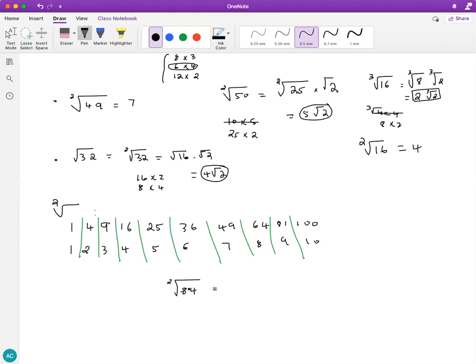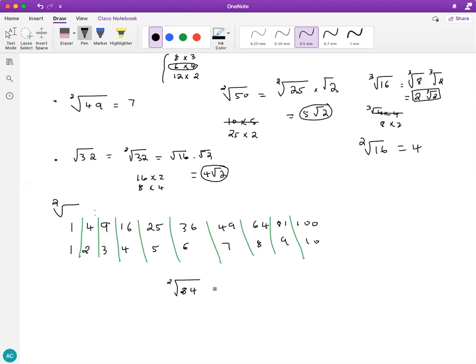No. Why not? First, it's negative, and then we have index 2, which is even.